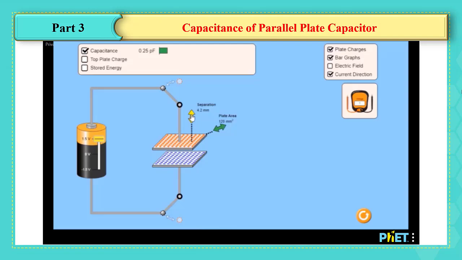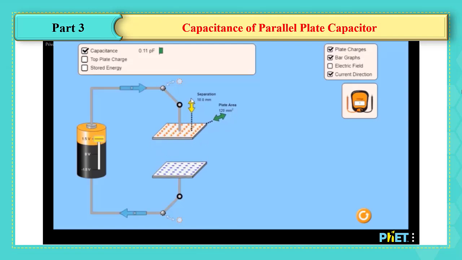I'm increasing the separation from 4.2 millimeters, where the capacitance is approximately equal to 0.25 picofarad, till the separation is 10 millimeters and the capacitance is 0.11 picofarad. Notice that the capacitance decreases when the separation increases. Then the separation and the capacitance are anti-proportional.